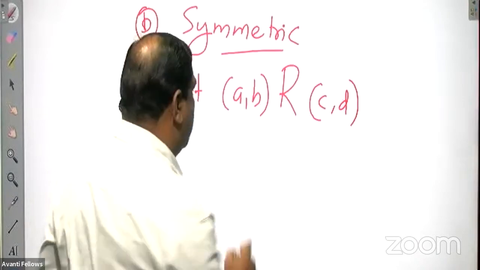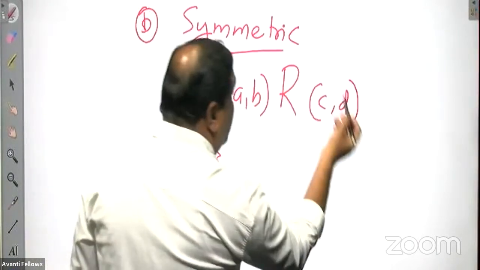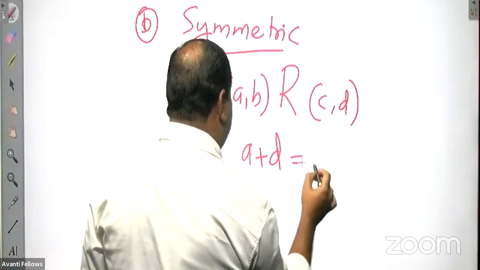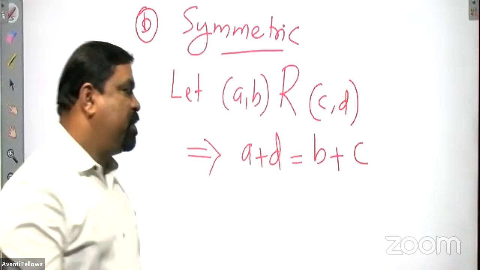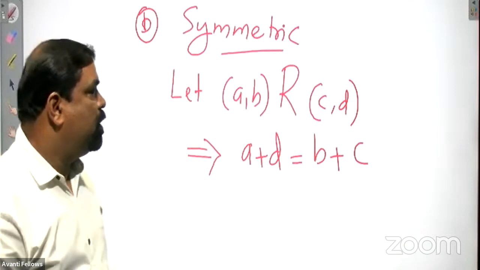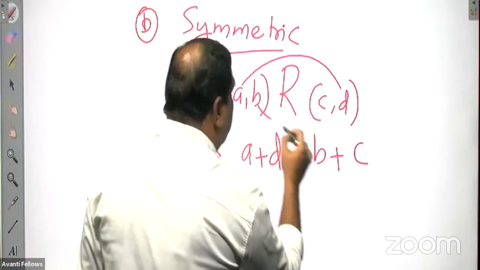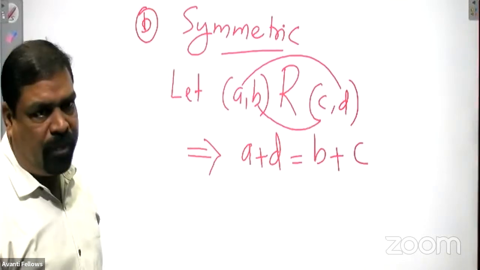So that means, by definition, A plus D is equal to B plus C, isn't it? So the relation is like this: A plus D equal to B plus C. First plus last equal to second plus third.